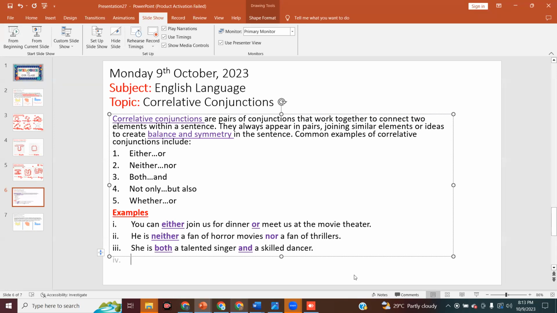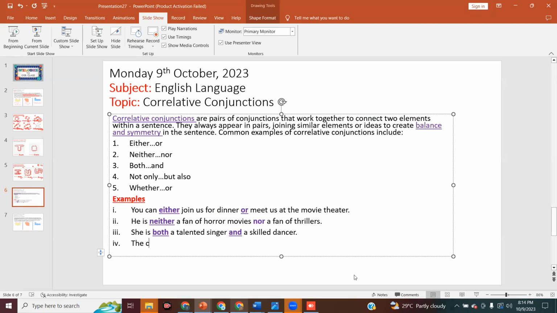Now we can use another correlative conjunction. Let's use this example. Let's say the conference featured not only renowned speakers.